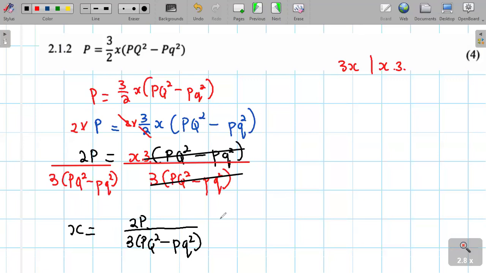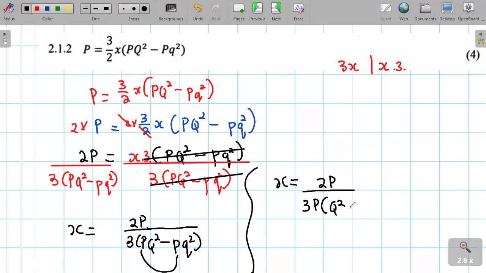Oh, let's try to simplify it further. I see something. P and P. Can we say x equals 2p over 3? Are you aware I have p and p? Okay, I can take p as a common factor even here. So I'm going to have 3p times (q squared minus q squared) again.